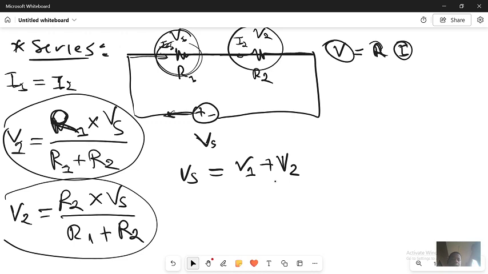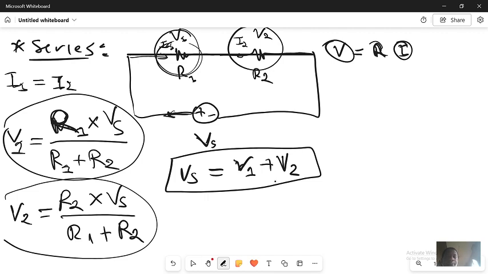This means that if I know the voltage of the source and the voltage of one resistor, I can directly determine the voltage of the other resistor. Or if I know V1 and V2, I can directly determine Vs.